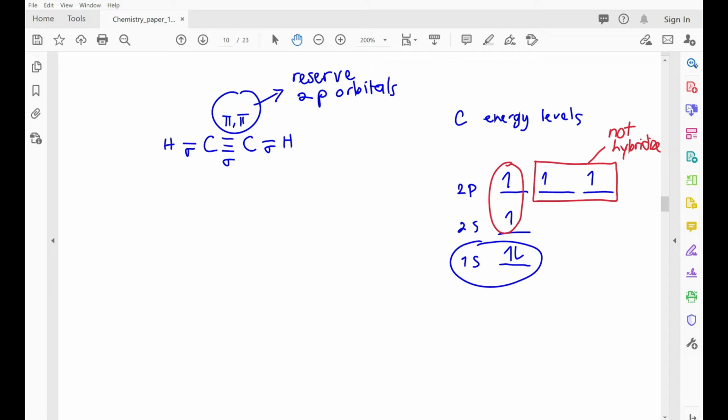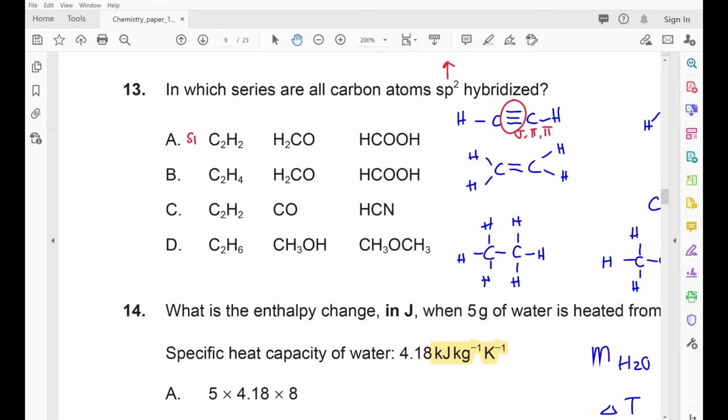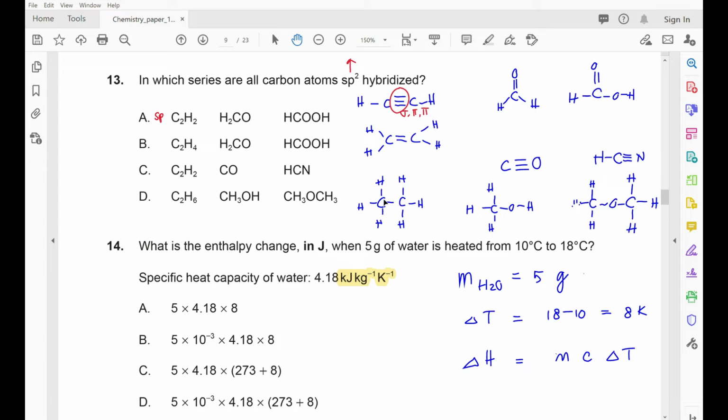So because you have one s and one p hybridized orbital, it's called sp hybridization. So this carbon here is sp hybridized. The second compound there is methanol, and this carbon is sp2 hybridized because one of the p is reserved to make one pi bond.